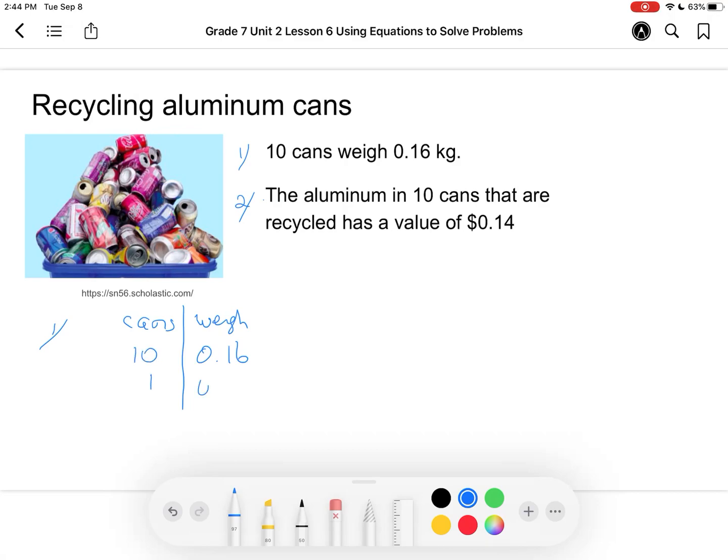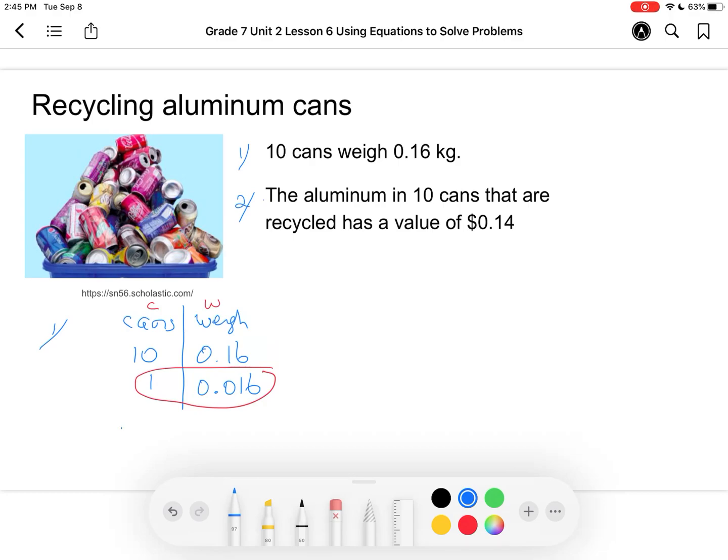So 1 can, dividing both of these by 10, will give me 0.016 kilograms. So that's my unit rate there, 0.016. And I'm going to assign C to cans and W to weight in kilograms.